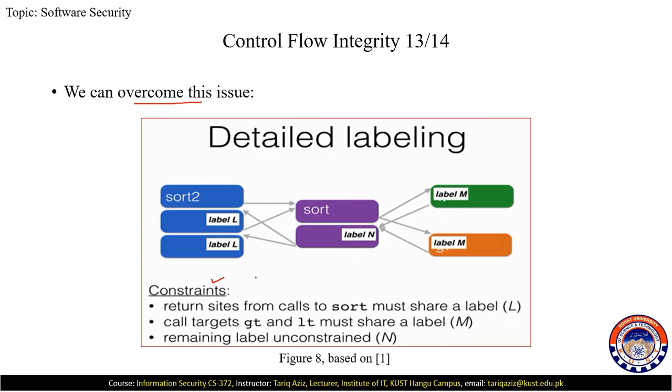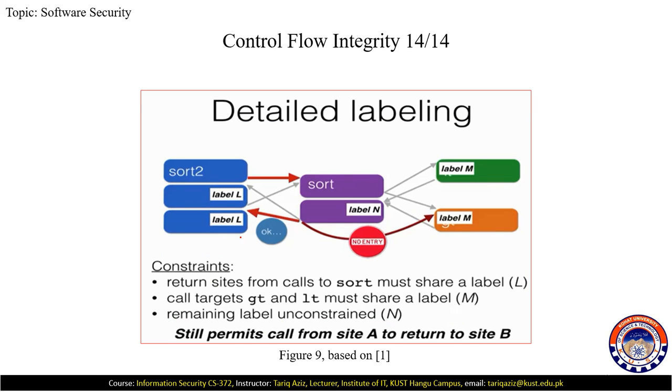So we are putting these constraints here: return sites from calls to sort must share a label L. Call targets to GT and LT must share a label M. And then we have an unconstrained label, which is represented by M. So look at the labels here now. Sort function is calling the GT and LT functions, so we labeled them with M. And then the return value we label with N. And then these return values from sort to function are labeled with L.